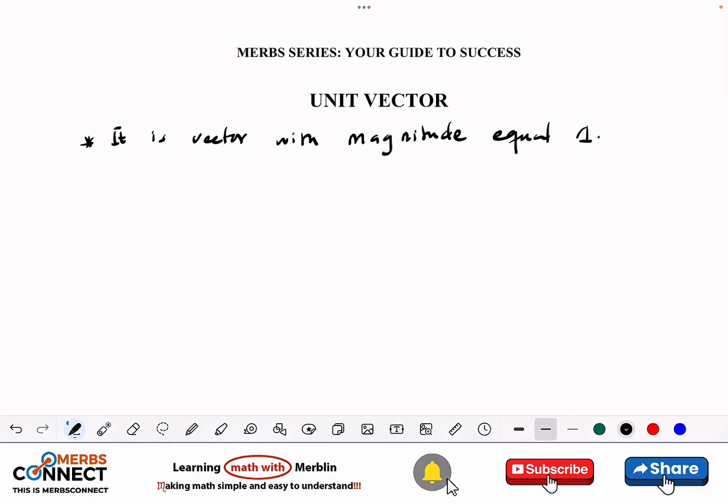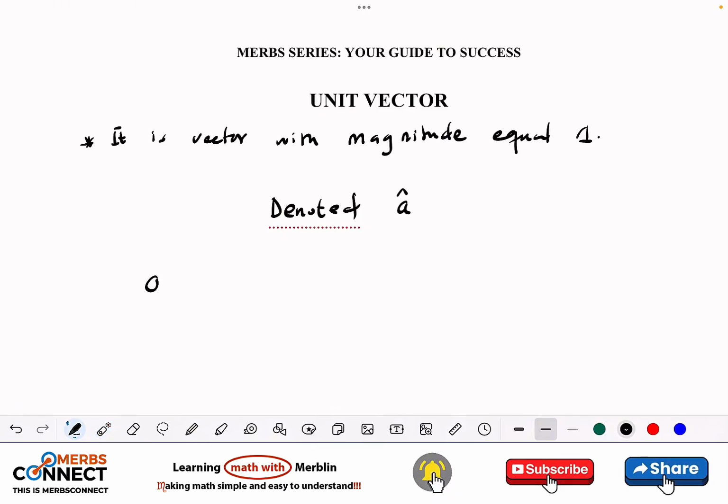So let's assume that we are going to denote this one like this. Maybe anybody who is teaching the course can use a different symbol, but all you need to do is understand it, right? So this is the unit vector. Now, what's the formula for finding the unit vector?